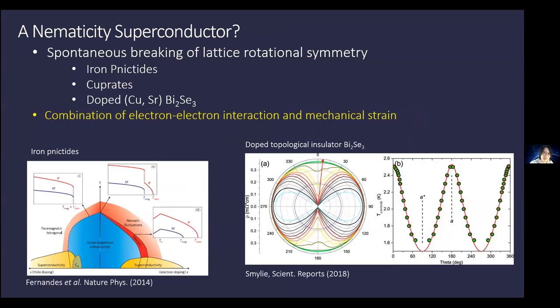We think that this kind of anisotropic behavior has something to do with electronic nematicity. And it turns out that many quantum materials show this kind of spontaneous breaking of symmetry both in the superconducting and normal state. Most notably, examples are iron pnictides, some series of cuprates, and also more recently the doped topological insulators.